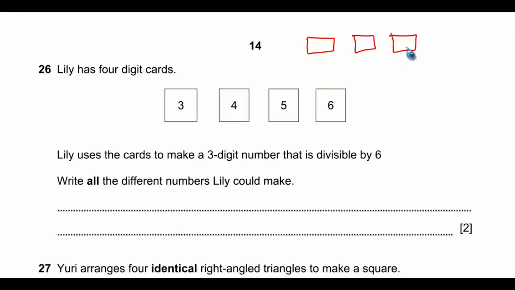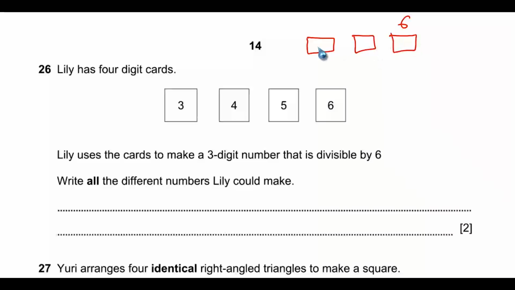So I'm going to do the first one where 6 is the last digit. I'll put 6 here. If 6 is here, that means I have met the condition of the rule of divisibility of 2. Then I have to meet the condition for the rule of divisibility of 3. A number is said to be divisible by 3 if the sum of the digits is divisible by 3.